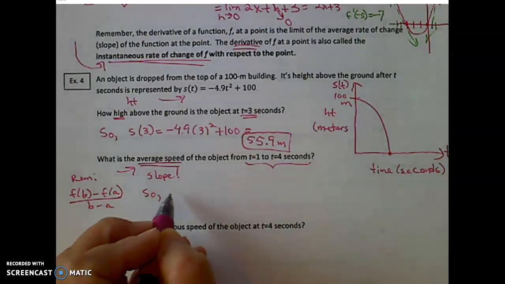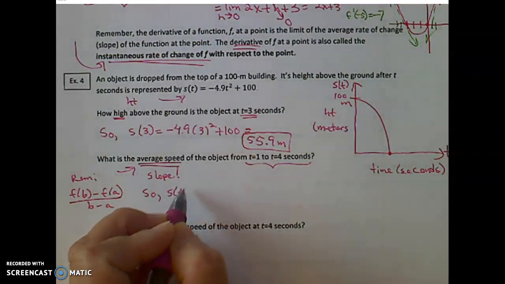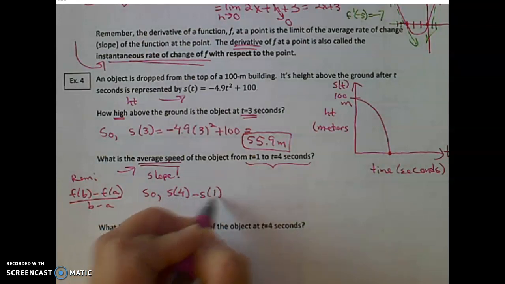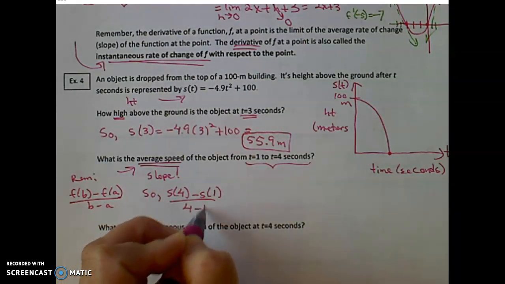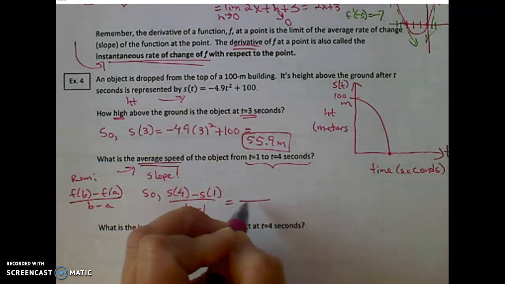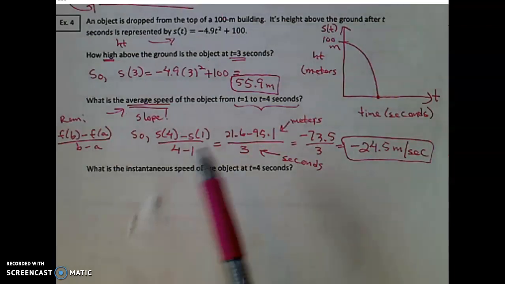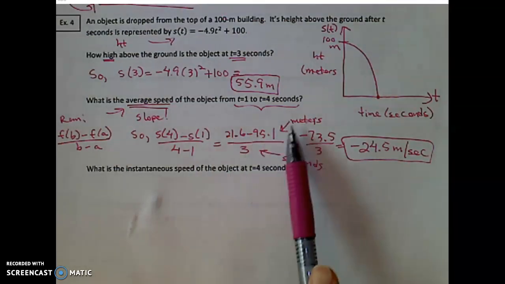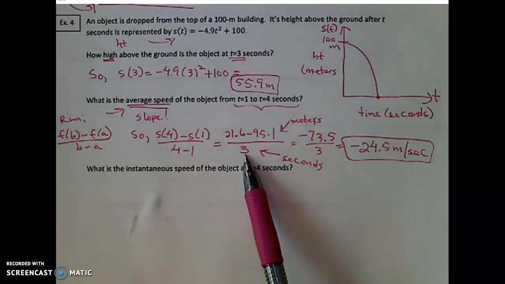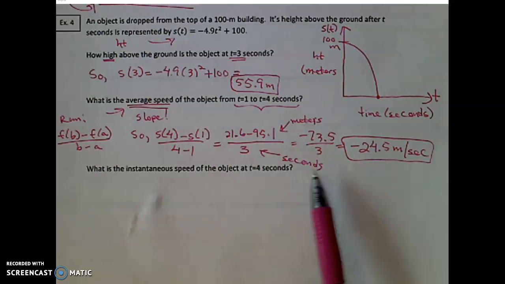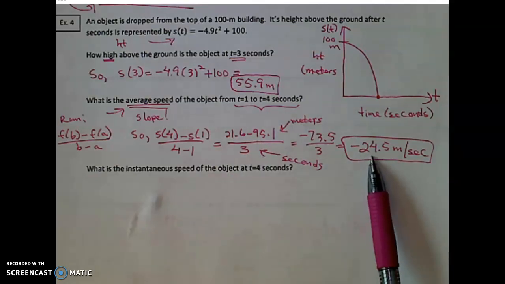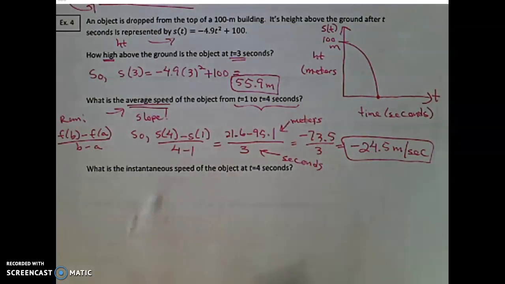So in this case, I want s of 4 minus s of 1 all over 4 minus 1. You've already found your calculator, so find s of 4 and s of 1, please. Here's your outputs. Those represent meters. Over those inputs represent seconds, and I get negative 24.5 meters per second, so that the units make sense.